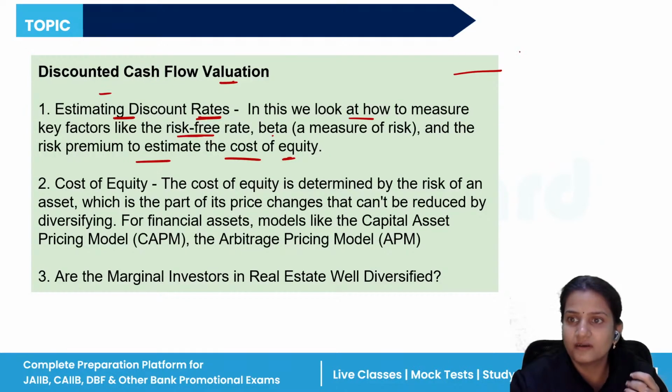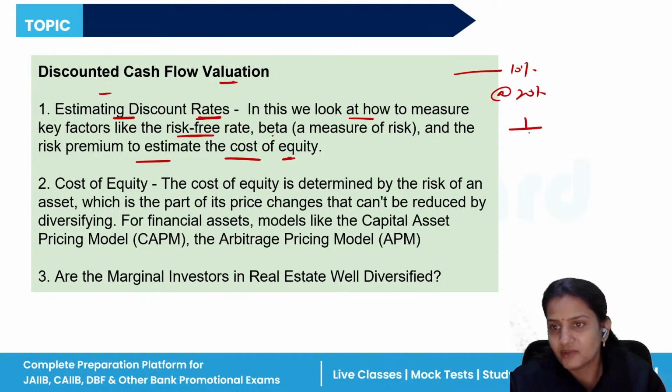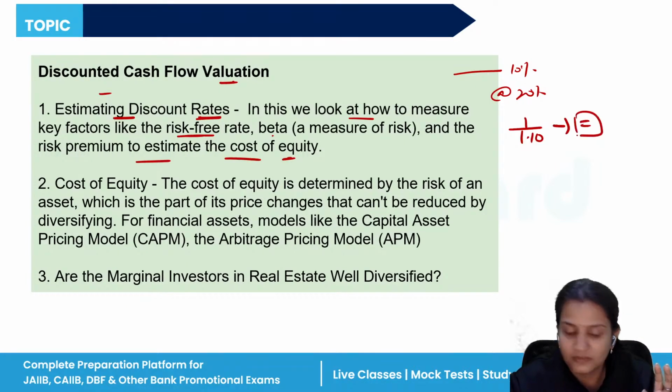If we follow the discounting technique, we take 10% discounting, 20% discounting. How is 10% discounting done? If I say at 10% discounting, it means 1 upon 1.10. Clear? Now press the equal to sign. Clear? Then press M plus.